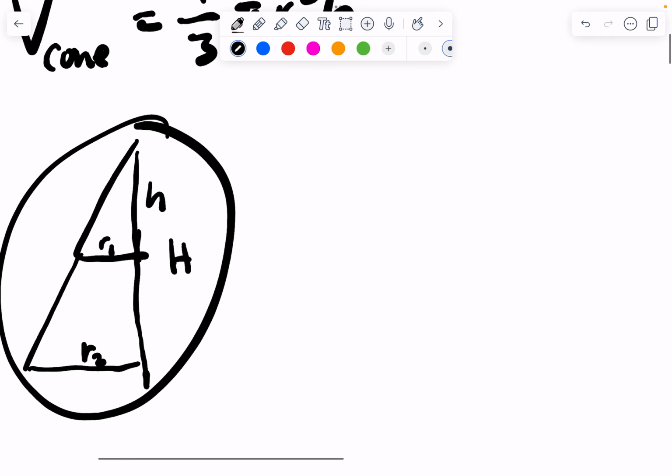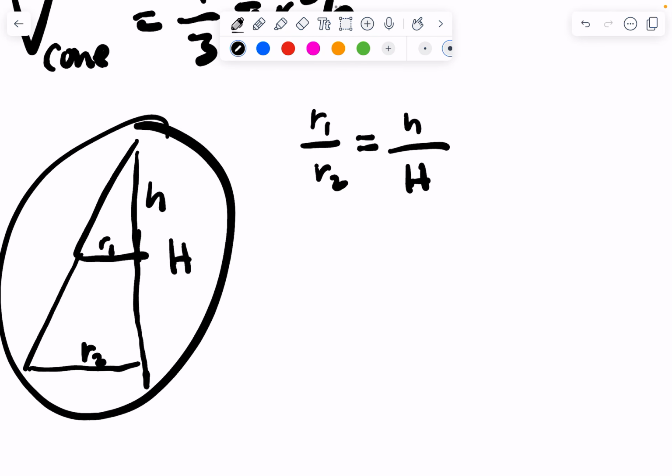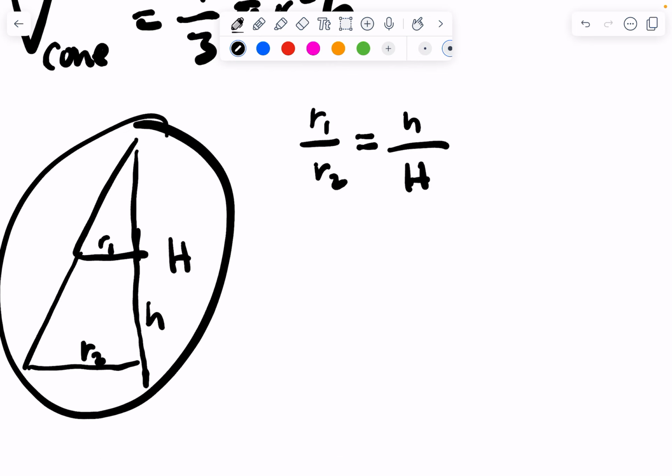We use similar triangles saying that r1 over r2 is equal to small h over big H. Actually, it'd be better if we set this part as h, because in the end we want the h to be this section.